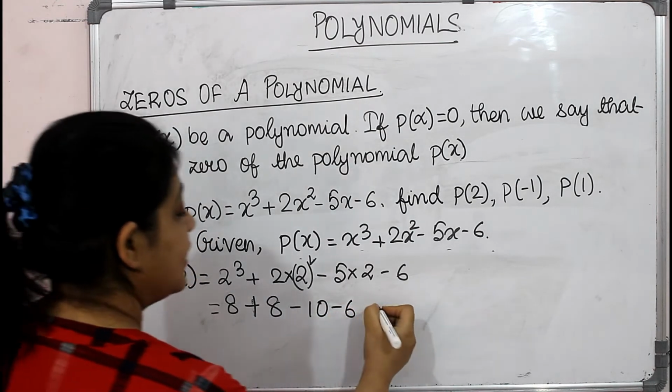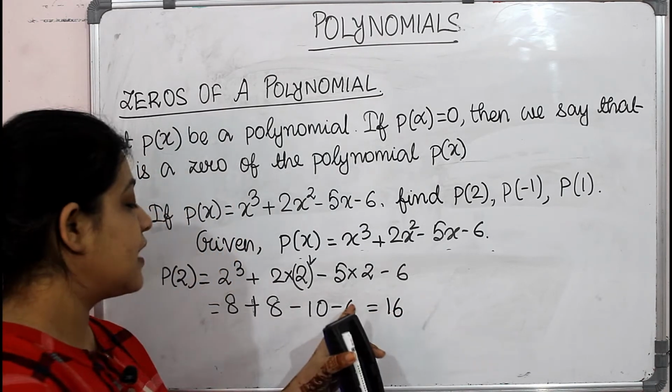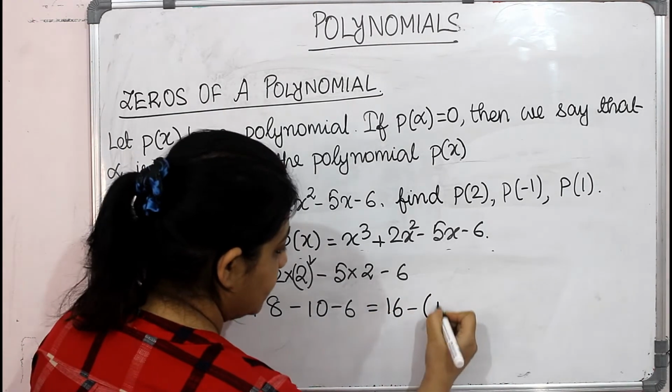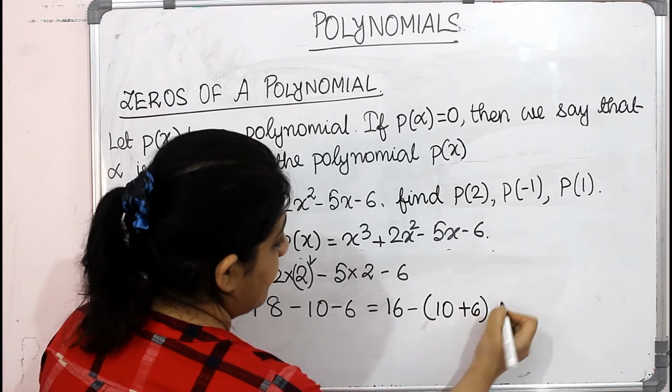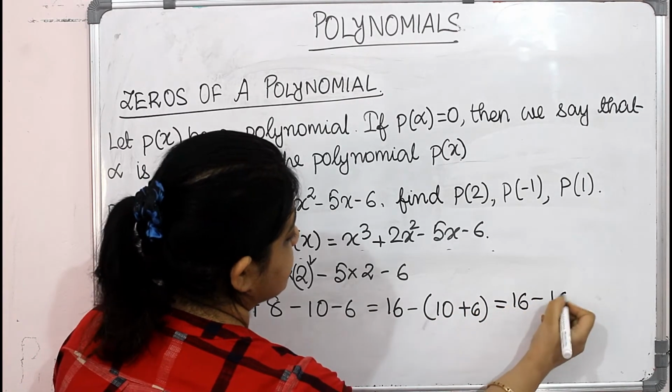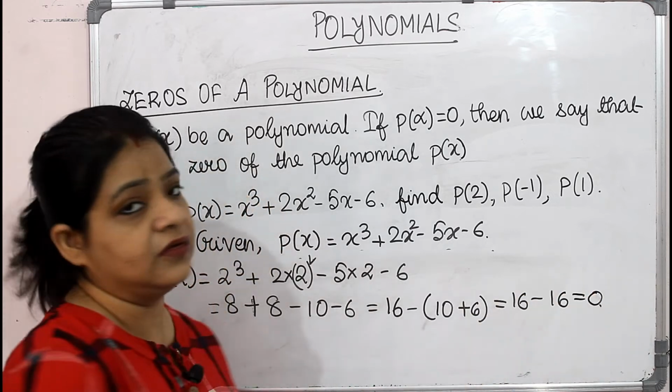So 8 plus 8 is 16, and minus 10 minus 6 is minus 16. 16 minus 16 is equal to 0.